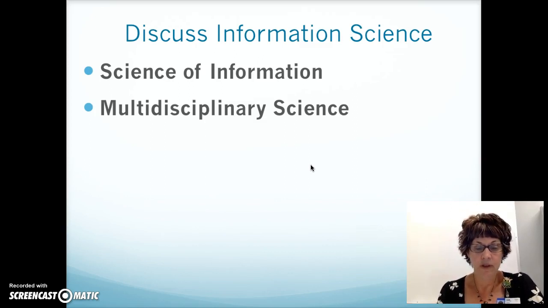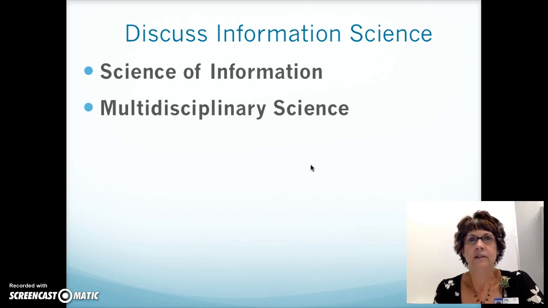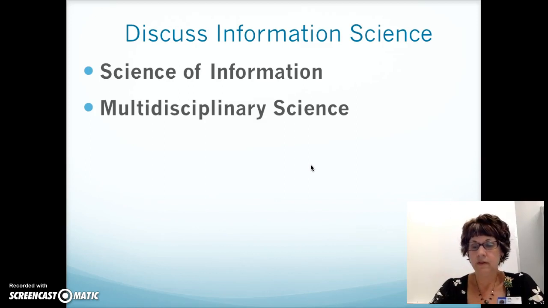It's also multidisciplinary because it involves computer science and cognitive science and social sciences. It helps us capture data, distribute data, and it can be the study of the information systems themselves, the actual computers. It originated in the subdiscipline of computer science, and it helps us to manage technology within organizations.